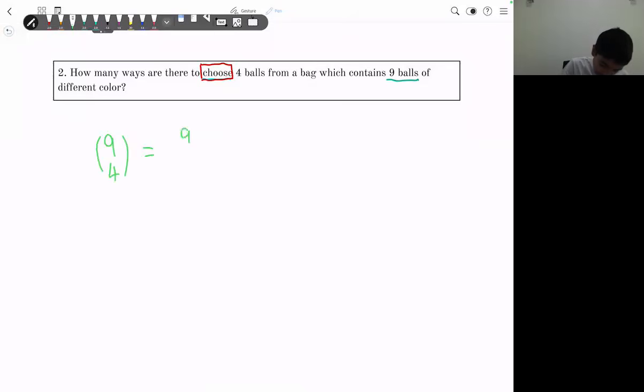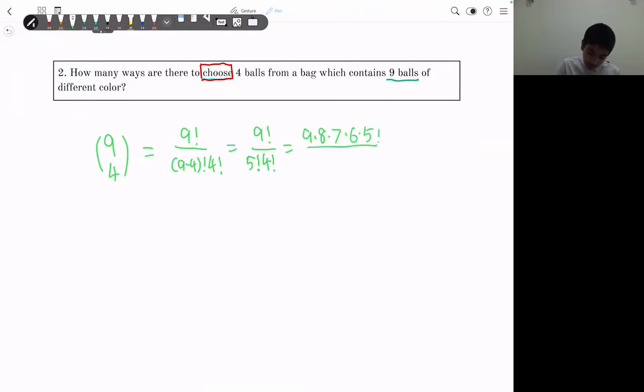So this is actually going to be 9 factorial over 9 minus 4 factorial times 4 factorial, which is equal to 9 factorial over 5 factorial times 4 factorial, which is equal to 9 times 8 times 7 times 6 times 5 factorial, divided by 5 factorial times 4 factorial. And then these terms will cancel, and we are left with 9 times 8 times 7 times 6 divided by 24. And these will cancel, and we get an answer of 126.